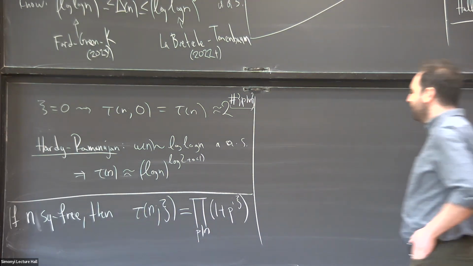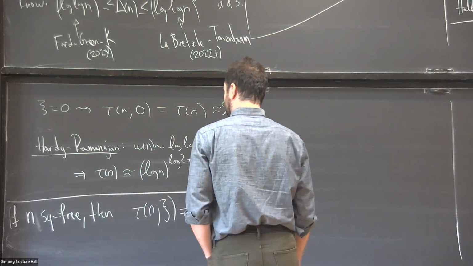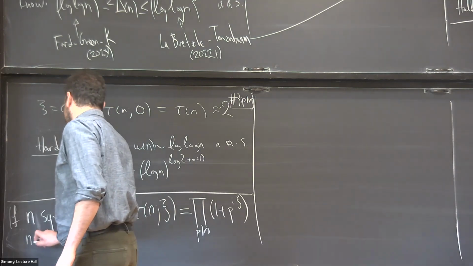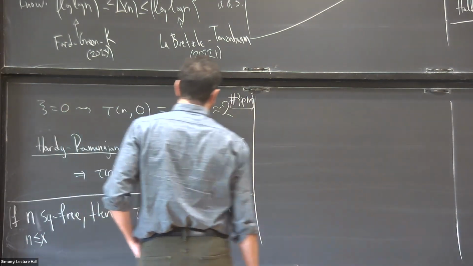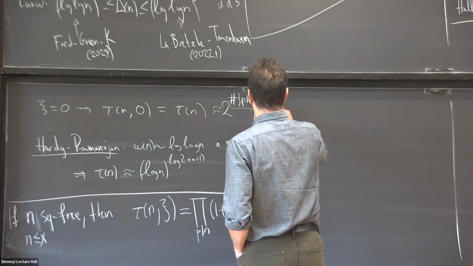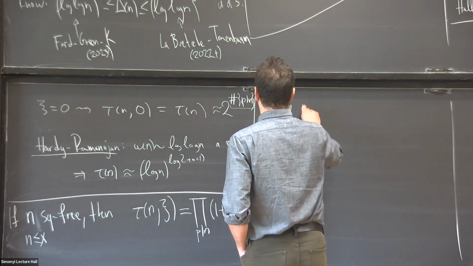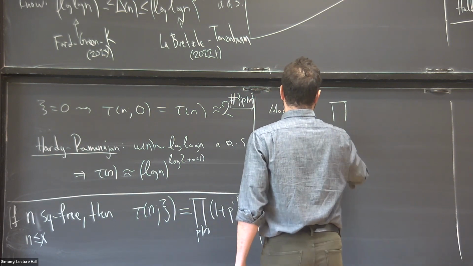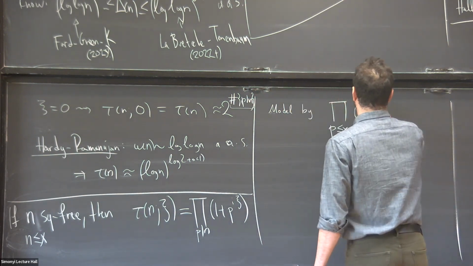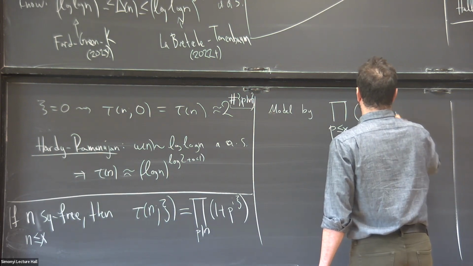And I can think of this as the following. Let's say my integer n is up to x. Then I can model this by the product over all primes up to x of 1 plus b_p times p to the it.